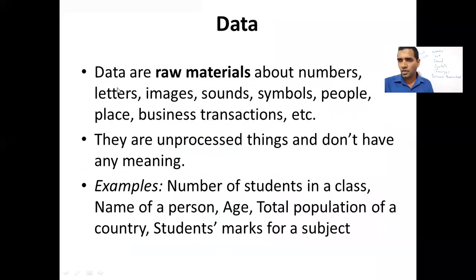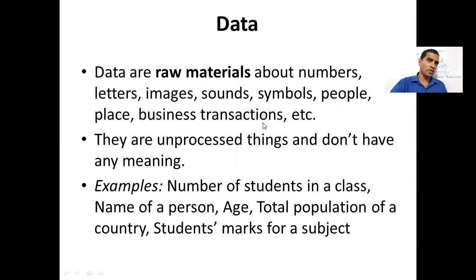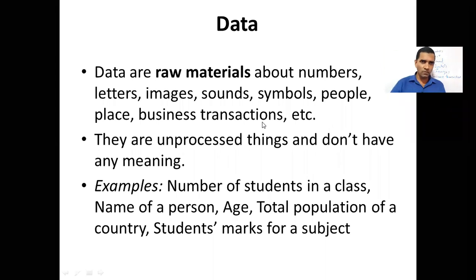Look here, data are raw materials about numbers, letters, images, sounds, symbols, people, places, business transactions, etc. It can be anything. This is the one which I talked about earlier, the other day. So that word anything includes such things: numbers, text, symbols, people, places, business transactions, etc. Right? There may be many.